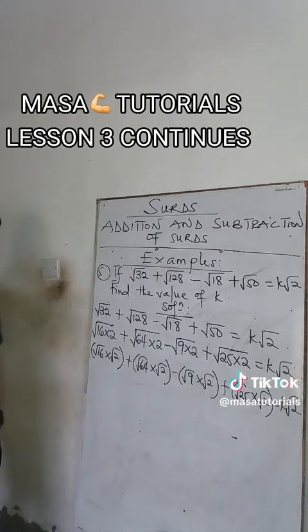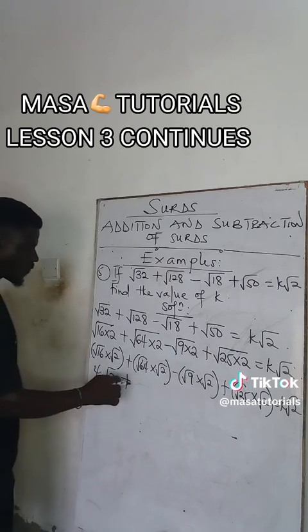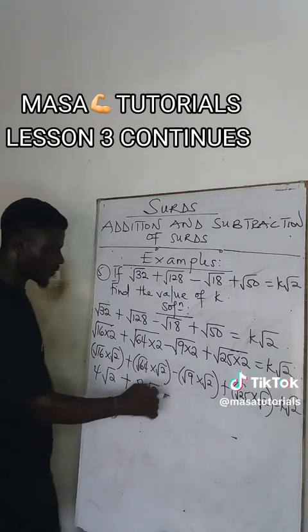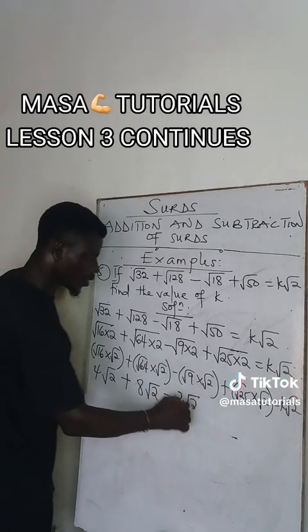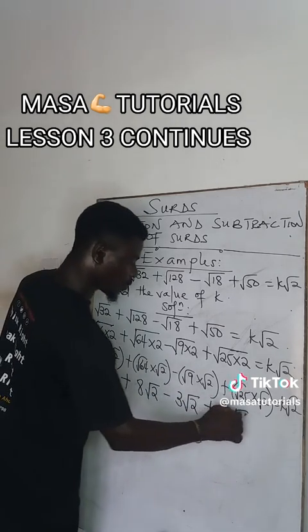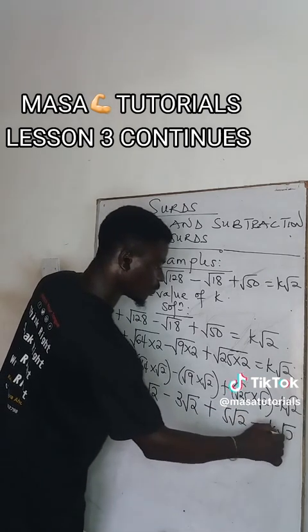Square root of 16, we obtain 4. Then we drop our square root of 2. Square root of 64 is 8, square root of 2. Minus square root of 9 is 3. Then we drop square root of 2. Plus square root of 25, we have 5. Square root of 2 then equals k square root of what?